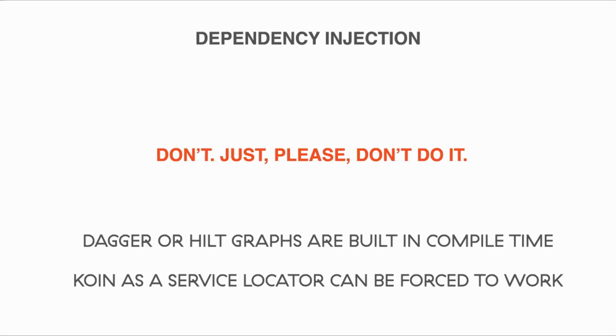But then again, you have to be aware how Koin works, because it's not a code generator, it's a service locator. So you need to manipulate Koin and some of its obscure API to actually make it work with initializers. Initializers are basically meant to be used without any dependency injection.